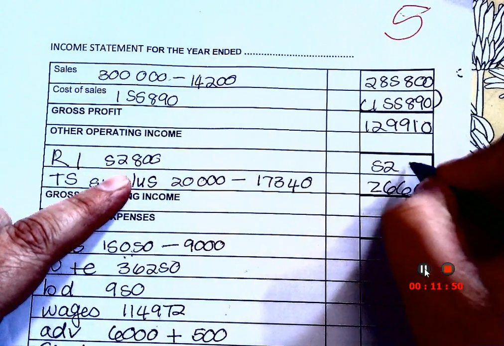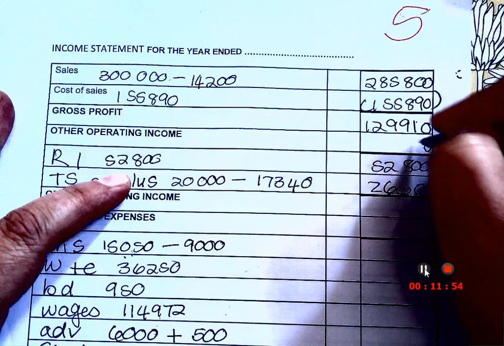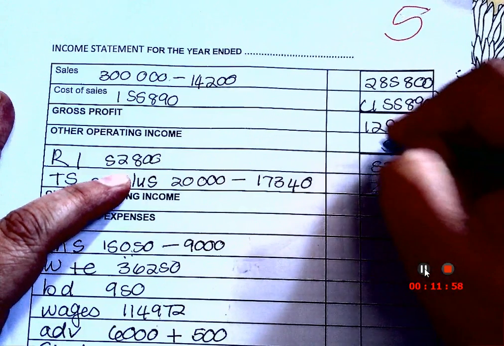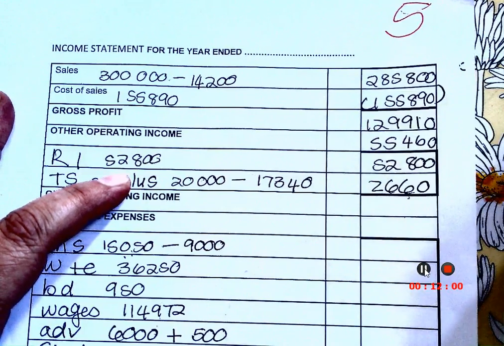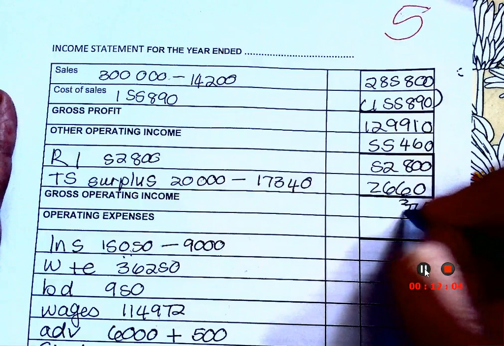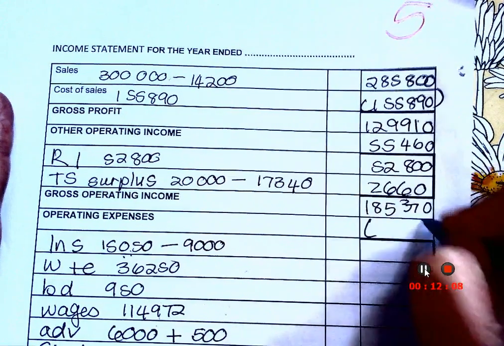Rent stayed the same, so we block and top. Is that right? Yes. And then we bottomize. And please, guys, remember your brackets.